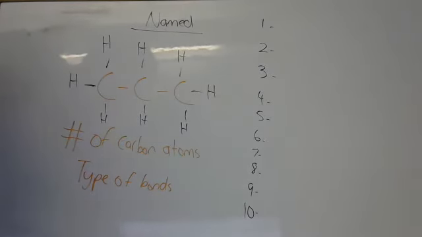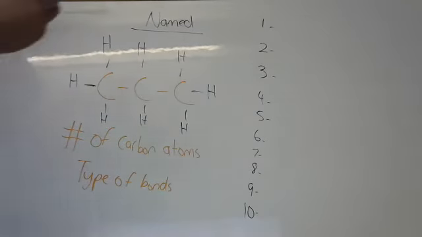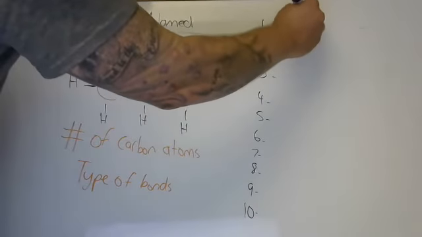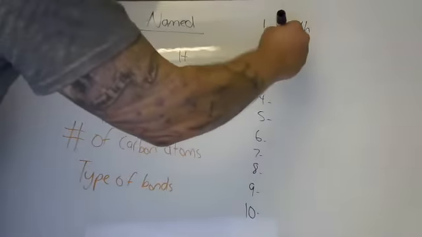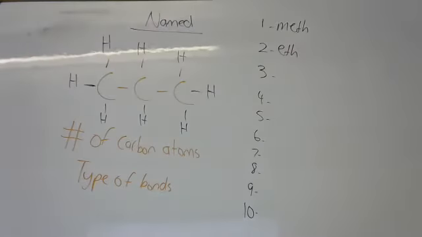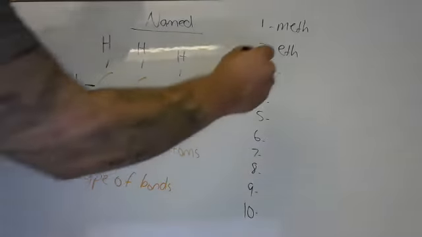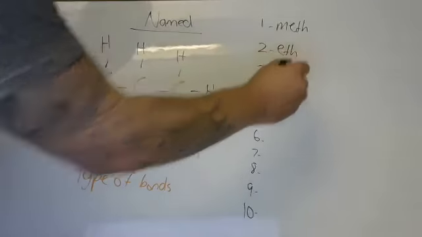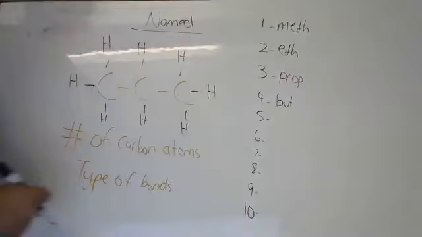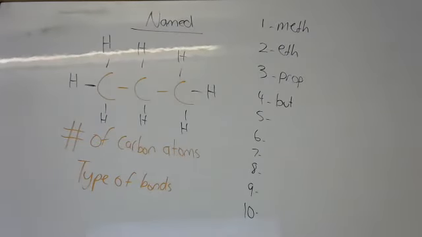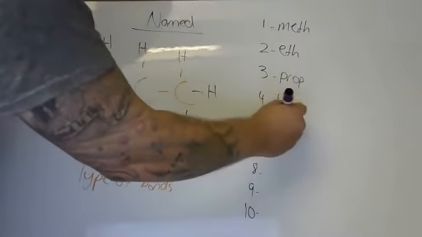One carbon atom is called meth. The second is called eth. The third is called prop. The fourth is called but. If you've just done this in grade 11 or you're heading to grade 11 or whatever, just remember these. Carry them onto your forehead backwards.